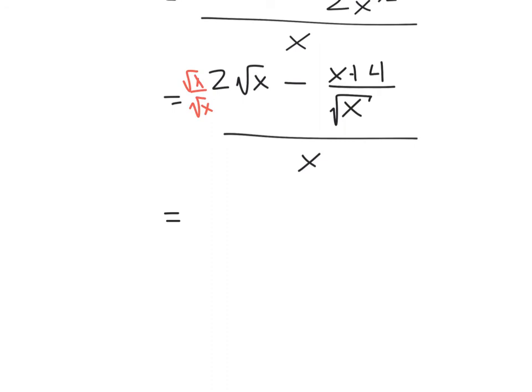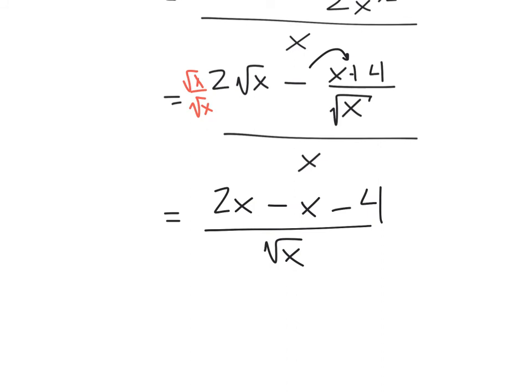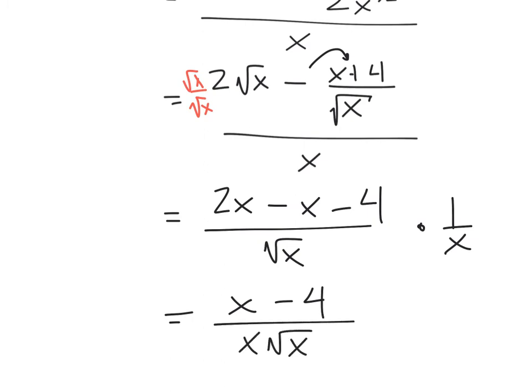So I'm going to end up with 2x minus x, and I'm going to distribute this minus sign to the 4 as well, minus 4, all over root x. And instead of writing divided by x at the end, I'm going to change this to a times 1 over x, just to make it a little bit simpler. And we can write the fully simplified thing, 2x minus x is just x minus 4 over x root x. So that's our derivative. Simplifies quite nicely to x minus 4 over x root x.